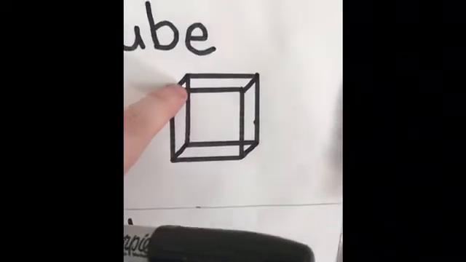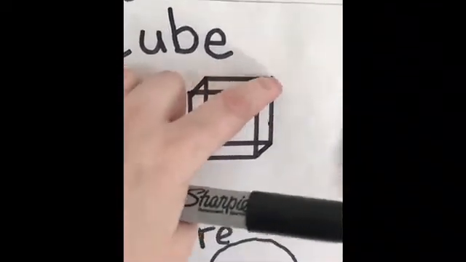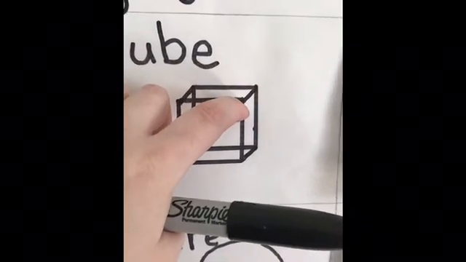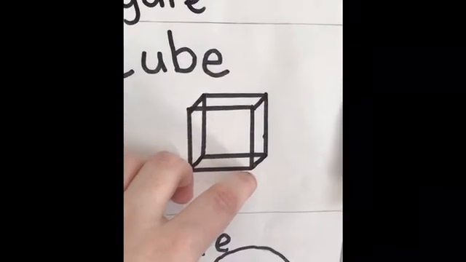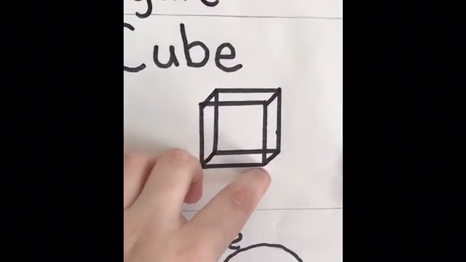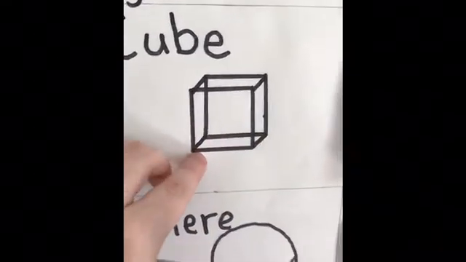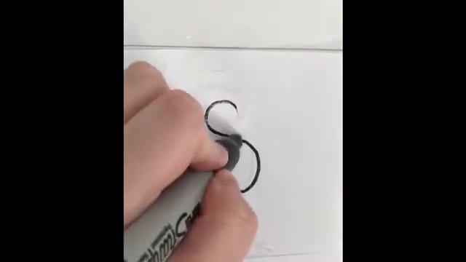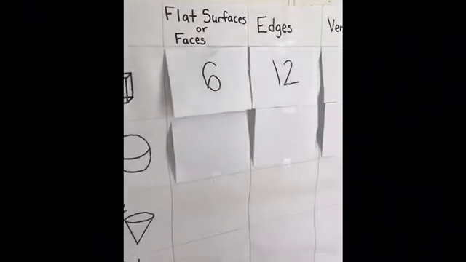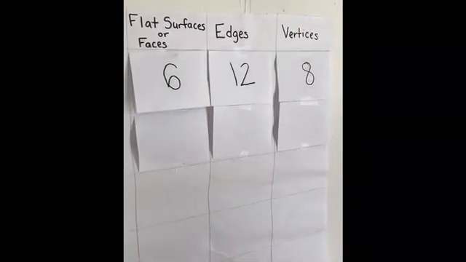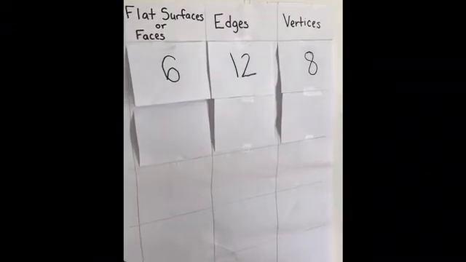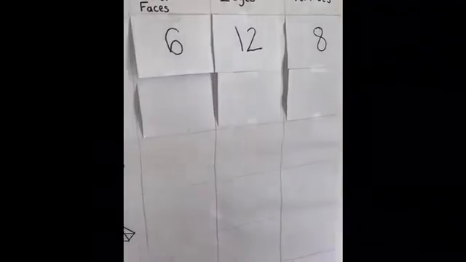So we have our 4 corners or our 4 vertices on top, and then since cube is same on the bottom, 5, 6, 7, 8. So we have 8 vertices. So there is our cube. 6 flats, 12 edges, 8 vertices.